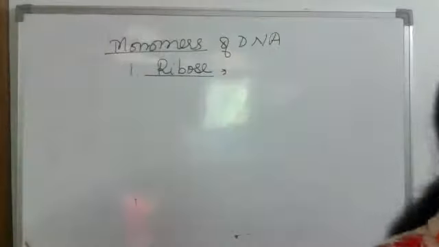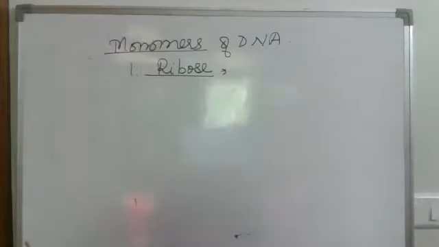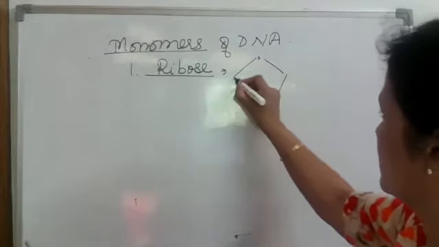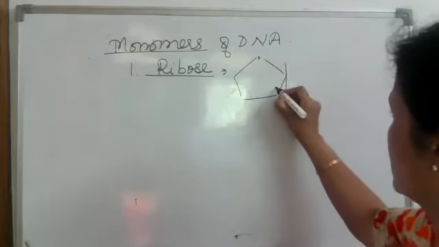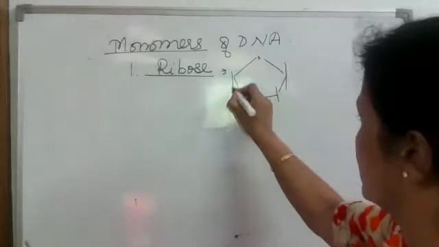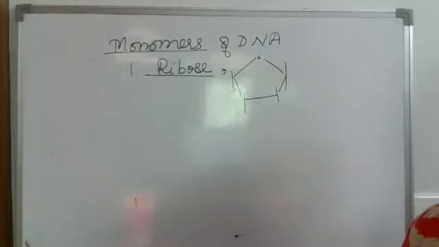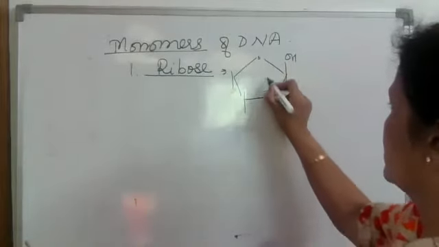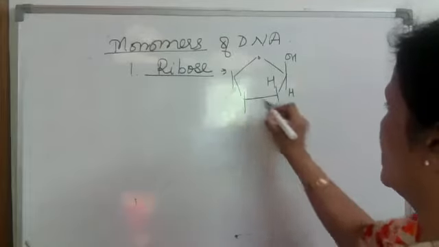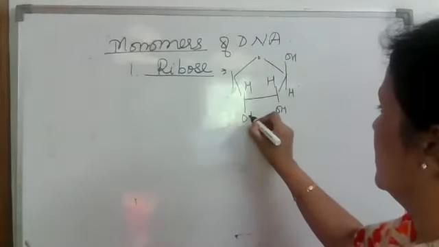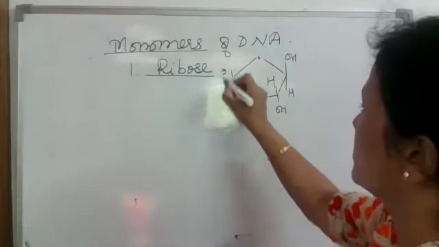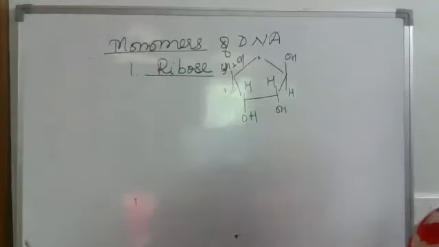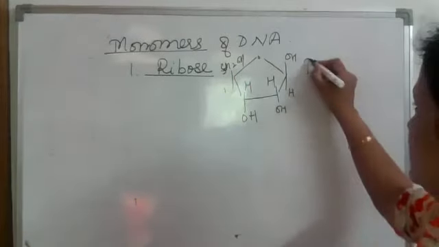Ribose is a pentose sugar having 5 carbons in it. This is a pentose sugar, and this sugar is a ribose sugar.